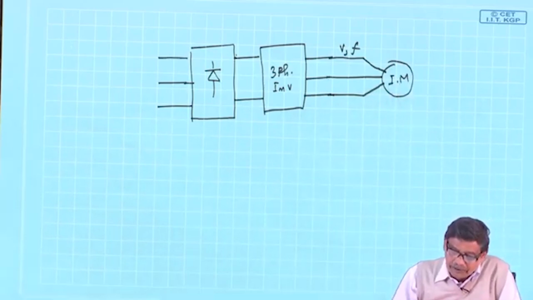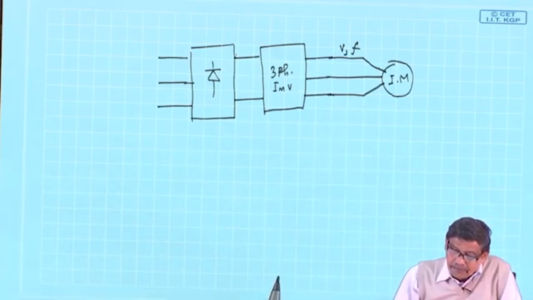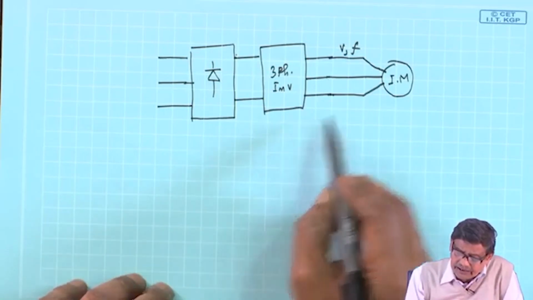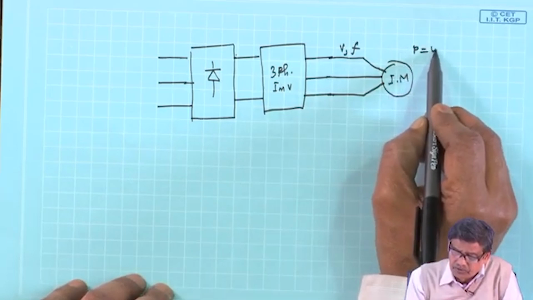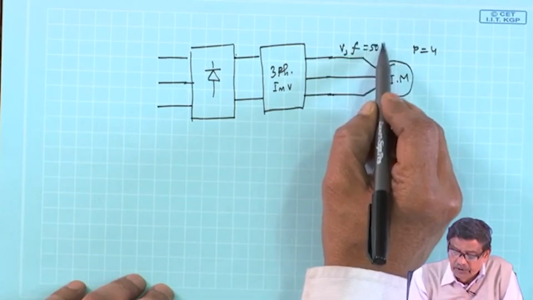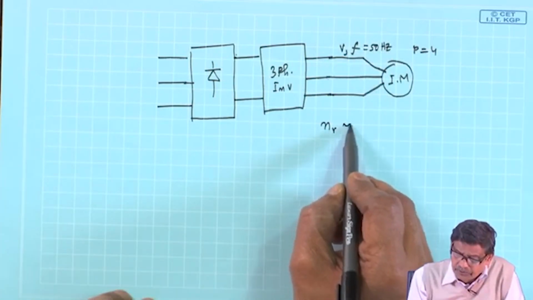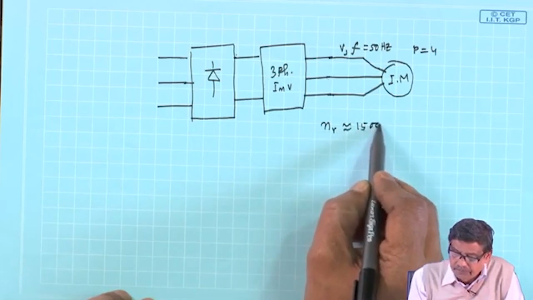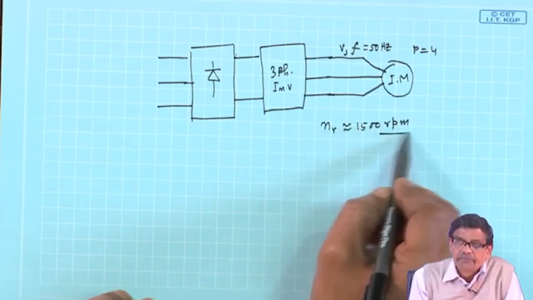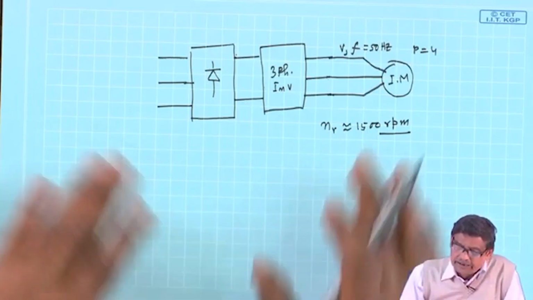Now suppose the machine is running, and suppose P is equal to 4 and F equal to 50 hertz. These are the nominal rated values. So the speed will be close to 1500 rpm, we know, and it is running steadily.